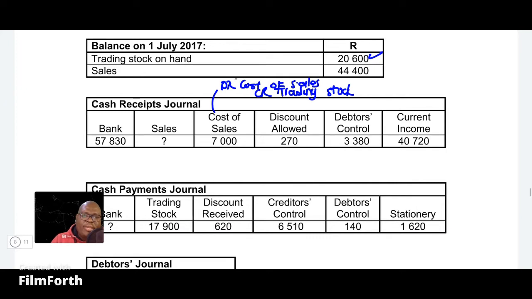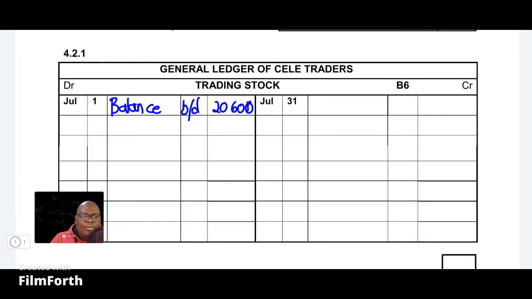Remember, here we have debited cost of sales, and then we are saying that trading stock has got to be credited. So what happens here is that trading stock cannot be credited by trading stock, so we have to credit by the alternative account. The alternative account is cost of sales, so we're going to have cost of sales on the credit side.